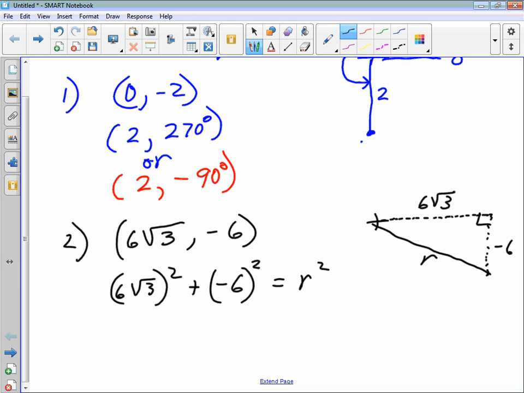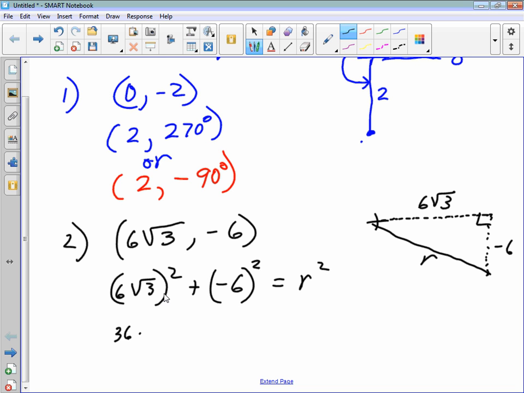Equals r squared. Now, this is one place where knowing how to deal with radicals is really, really helpful. If you have 6 times the square root of 3, you just square both components. So now we have 36 times the square root of 3 times the square root of 3.